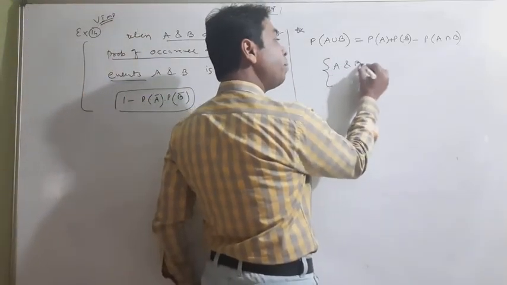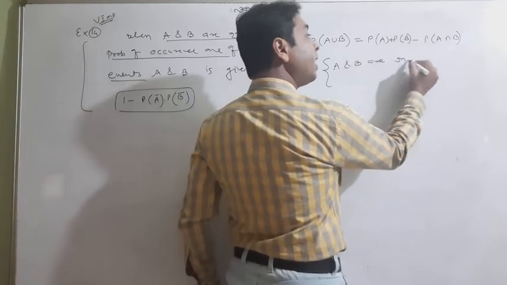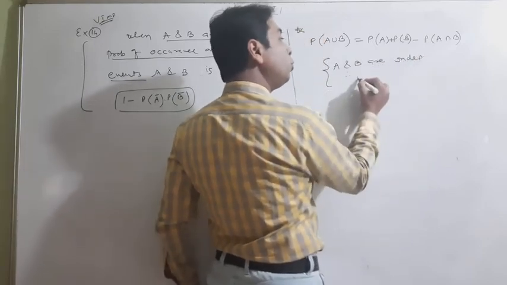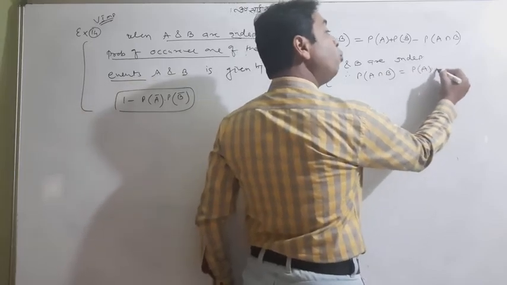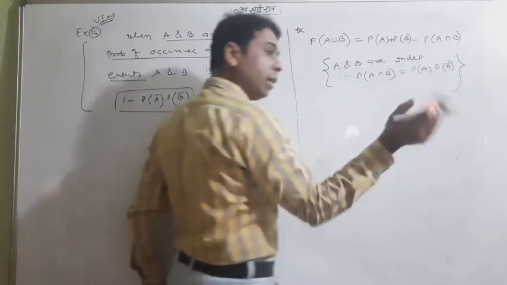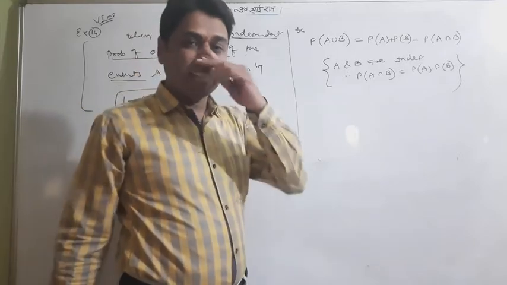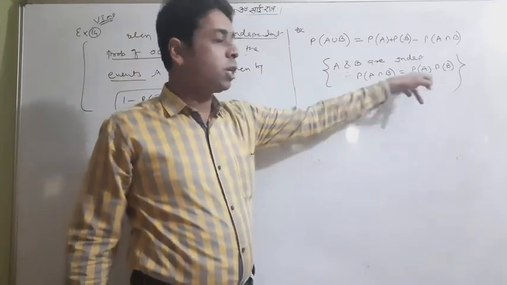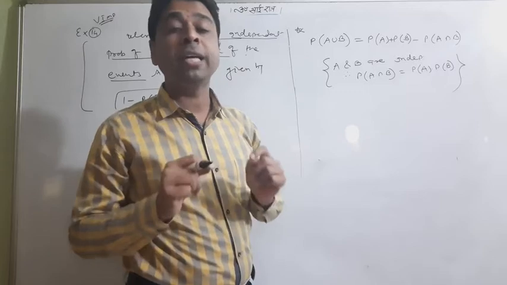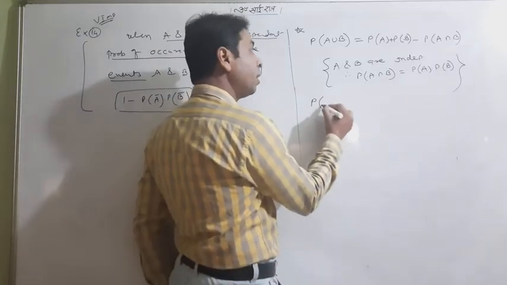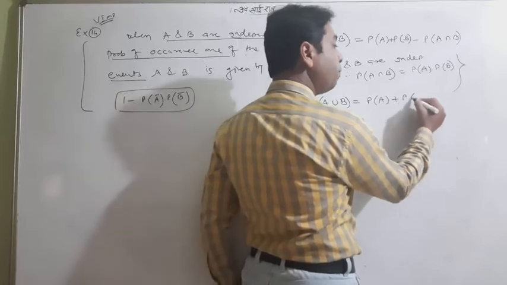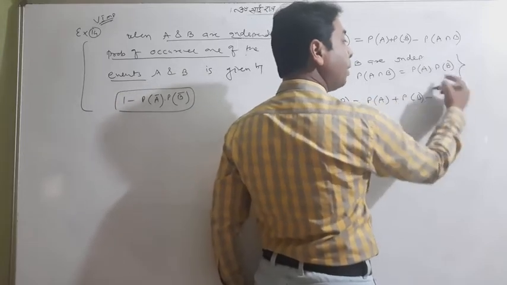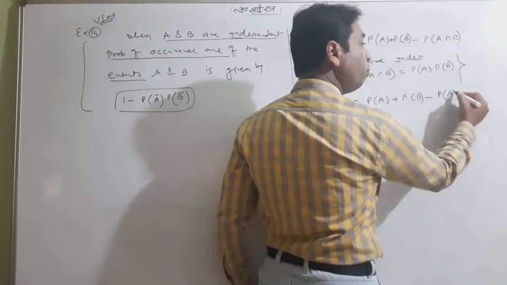When A and B are given as independent, one should know that P of A intersection B is equal to P of A into P of B. We have already seen in the initial part of the lecture that P of A intersection B is equal to P of A into P of B when A and B are independent. What will happen? P of A union B is equal to P of A plus P of B minus P of A into P of B.